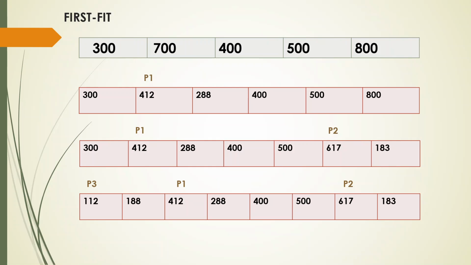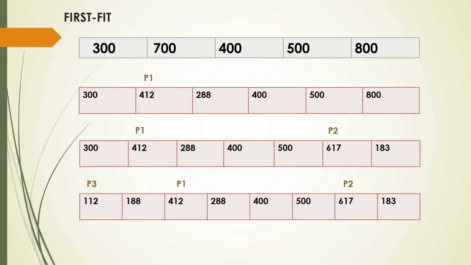P1 is 412. We'll check if 412 can be placed at the first position, that is 300. No, it is larger than 300. So we'll check if it can be placed in 700. Yes, here 700 has free space.